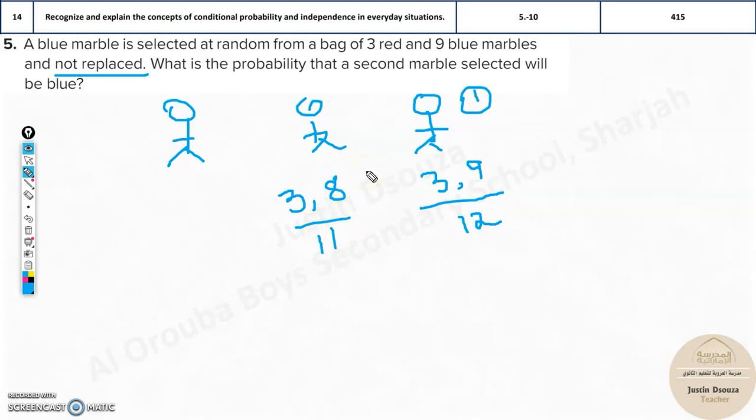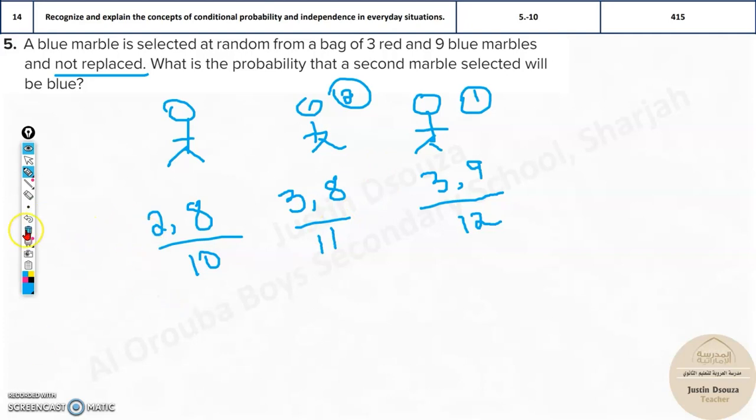So whatever is selected, it reduces by 1, and the total possibilities reduce. Now imagine this second person takes a red chocolate. What will be the possibilities for the third friend? When you go to the third friend, he will have to choose between 2 red or 8 blue. That is totally 10 possibilities. So this is what is called not replaced.